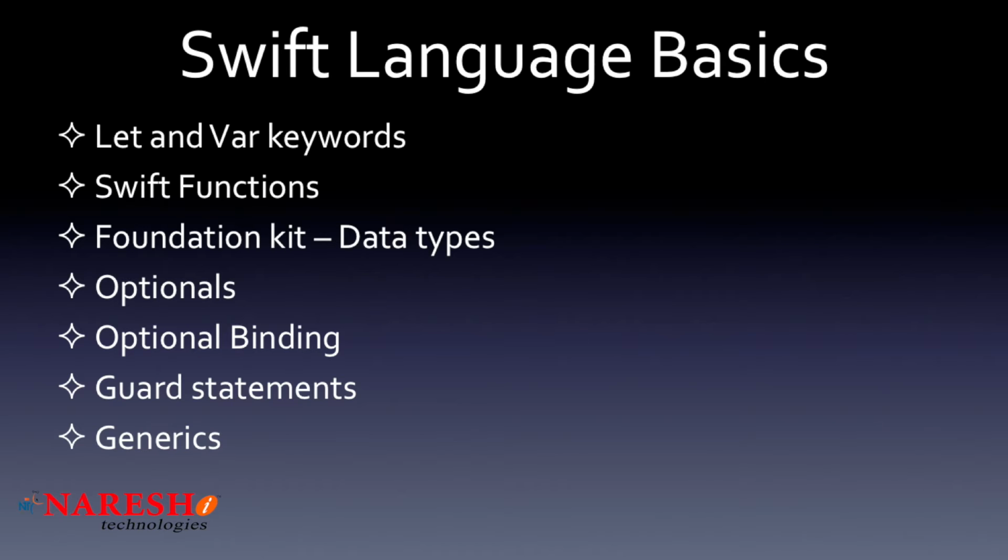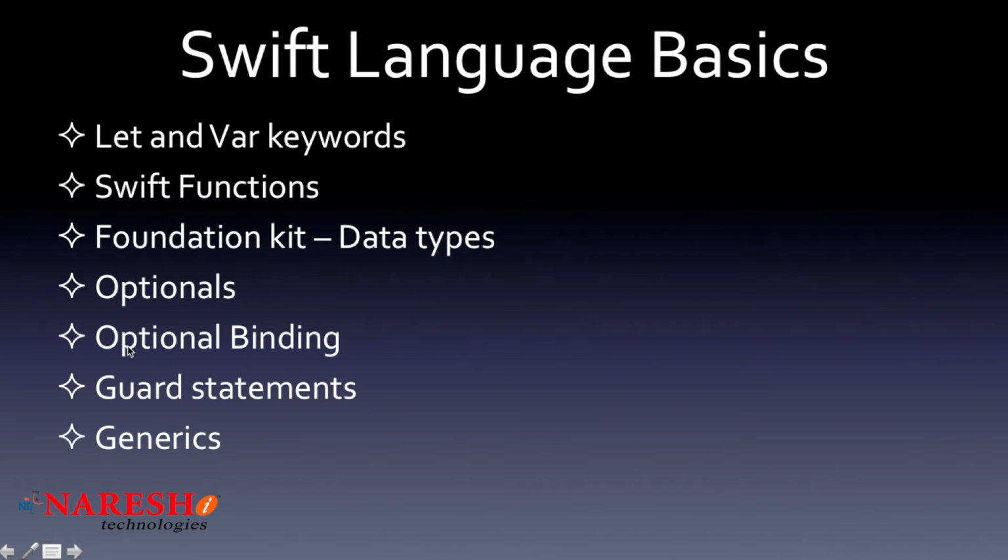But to avoid the runtime crashes, optionals basically avoid that in Swift. So that's the advantage of optionals. How to declare optionals, what's the use of optionals, and how do we avoid runtime crashes in the iOS mobile application, that's what we are going to see in optionals.